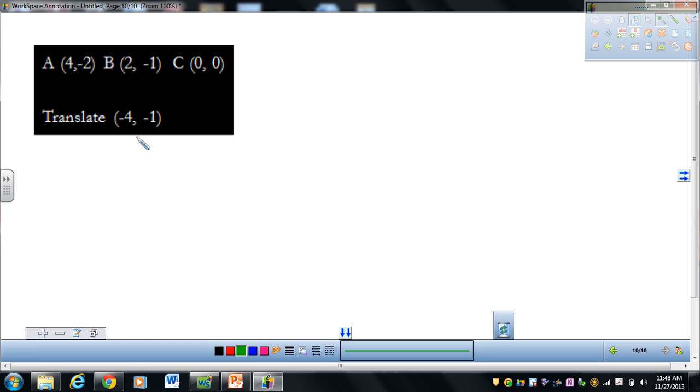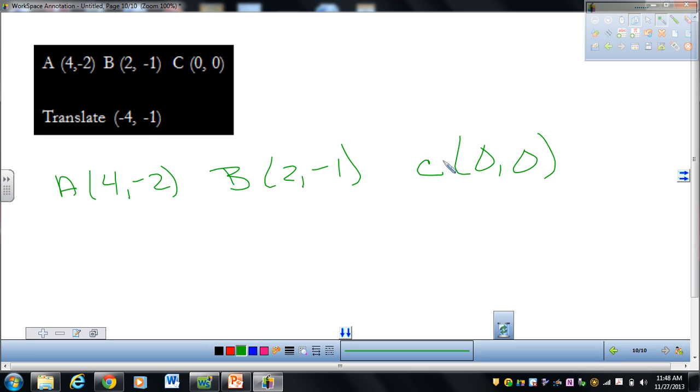Okay, here's our last example for the day. I've got these points. A is 4, negative 2, and B is 2, negative 1, and C is 0, 0. And it tells me to do negative 4 to my x, and it tells me to do negative 1 to y.